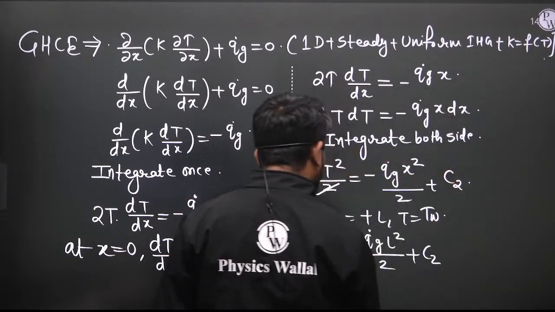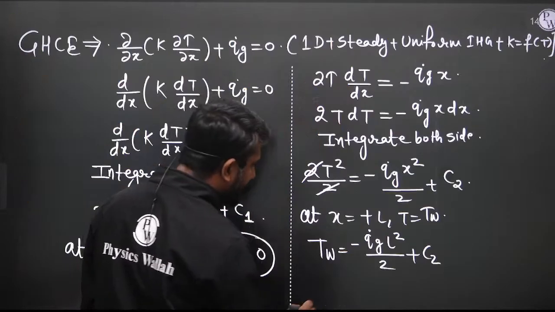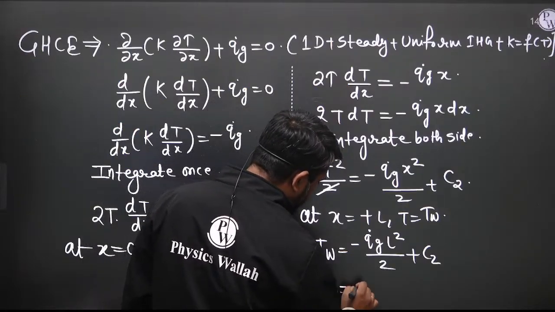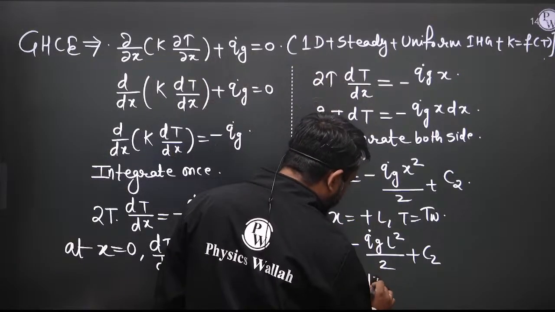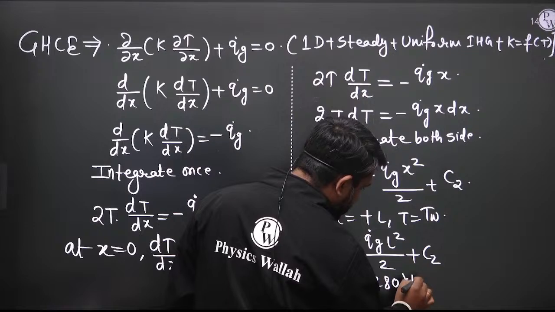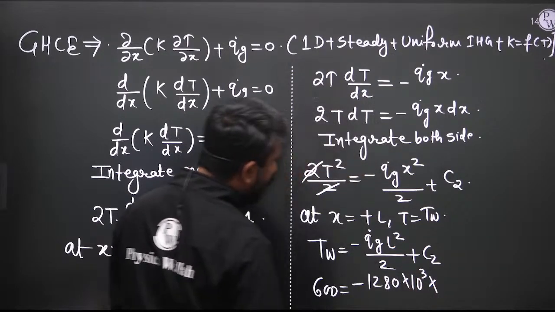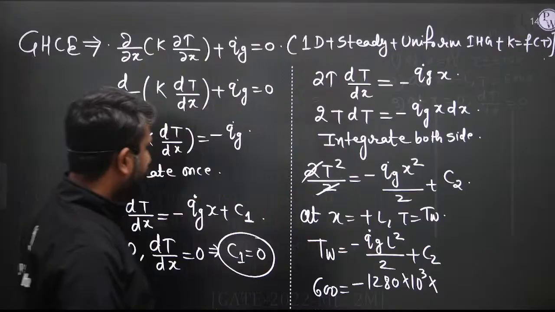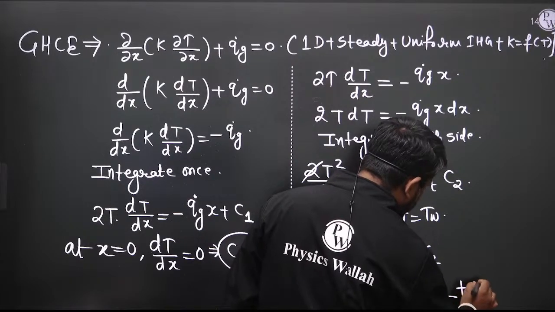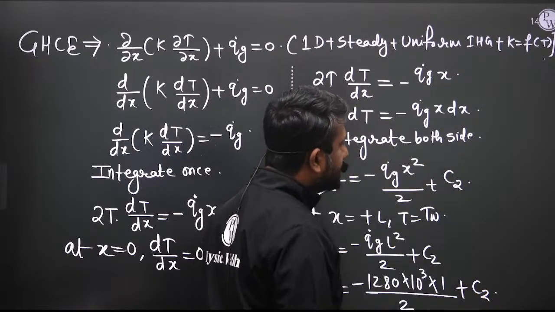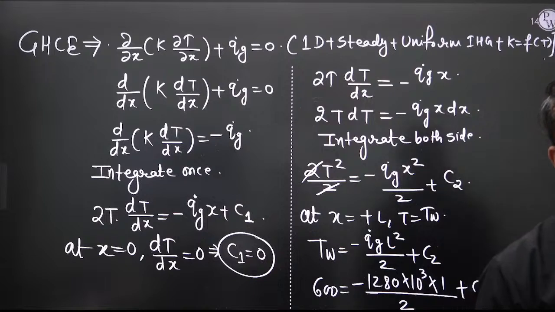TW is 600 Kelvin, equal to minus q dot g, which is 1280 into 10 to the power 3, into L square, where L value is 1, divided by 2, plus C2. From here you can calculate C2. So can anyone tell me what is C2?